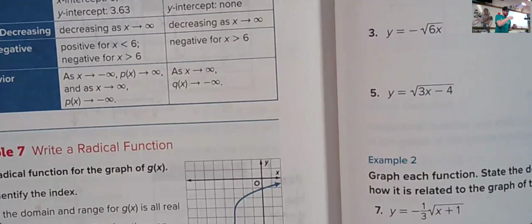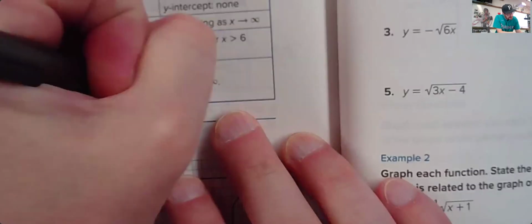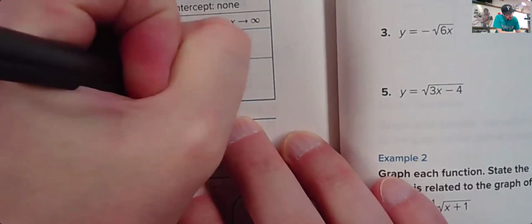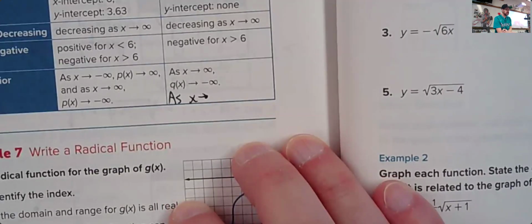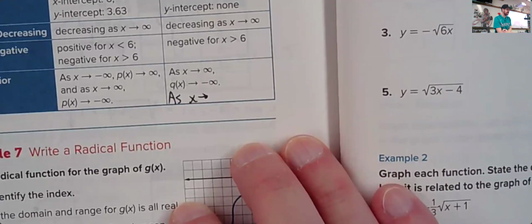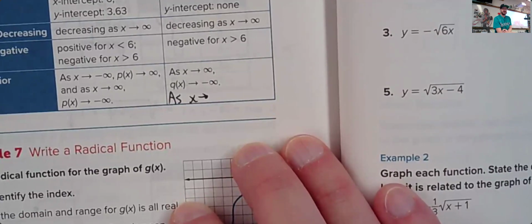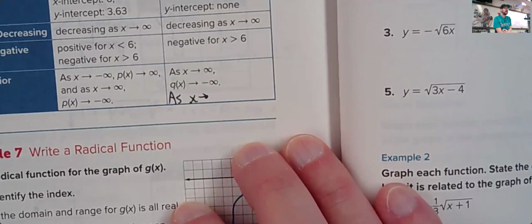Now, if you go left on this one, you'd say as x approaches what? How far left does it go for q of x? Take a look at the q of x graph on the previous page. How far left does it go? What's the smallest x value? 6.